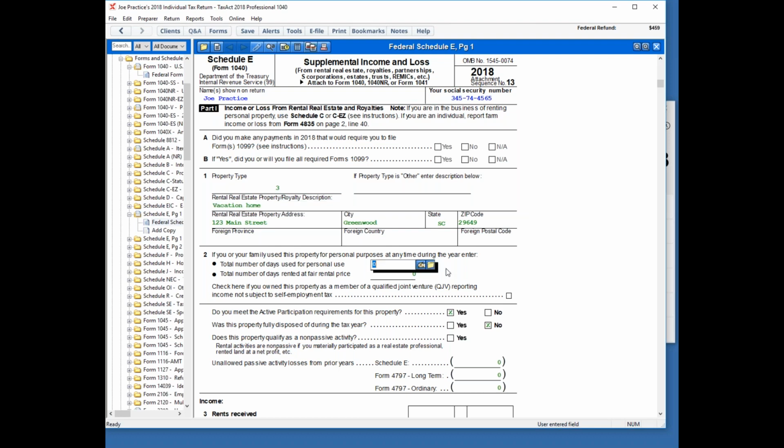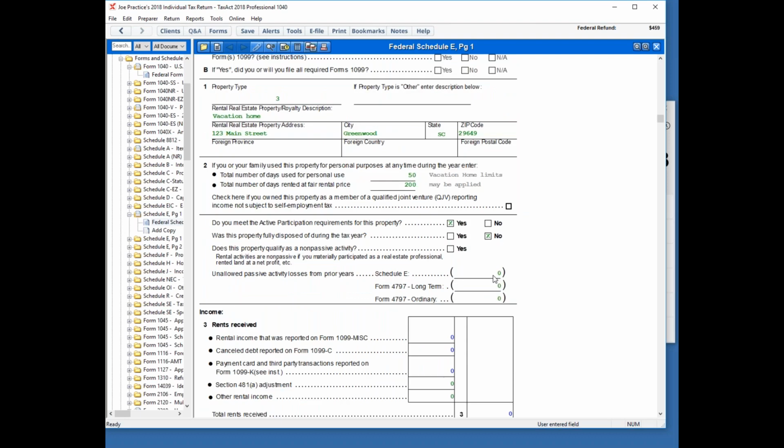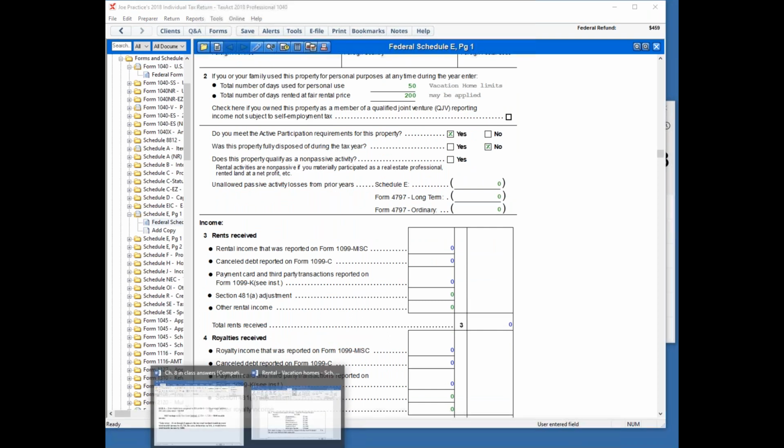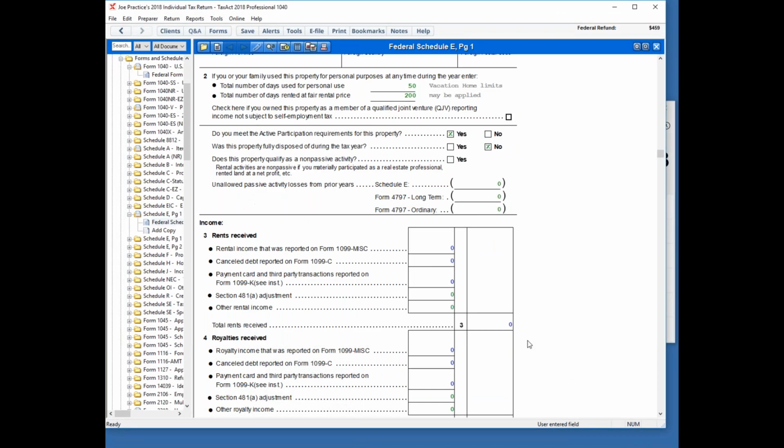And in my example, on that example we just did, for personal use, remember it was 50 days and rented out at 200 days. So initially I'm going to put in those figures. And then let's put in the rest of the amounts that we had. Let's pull it back up. I had income of 14,000. So other rental income, I'm going to put that in here as 14,000.